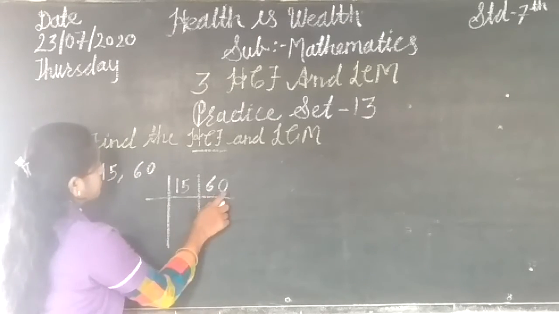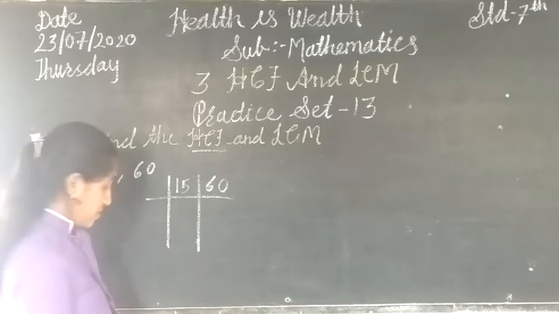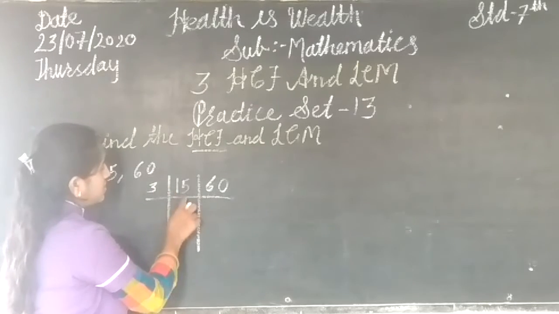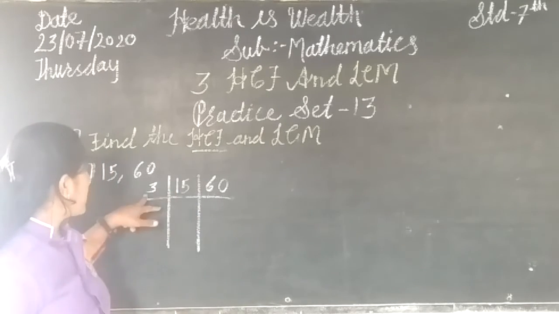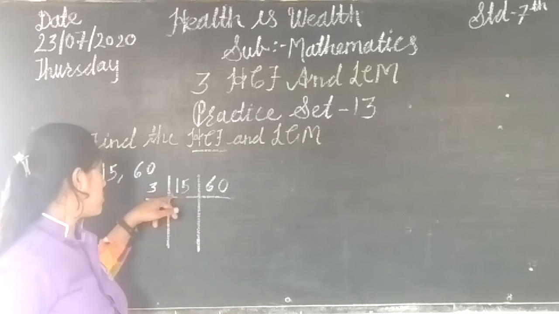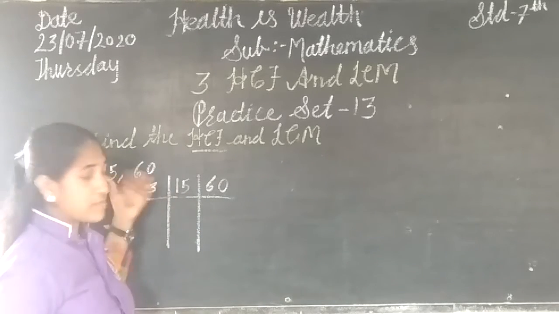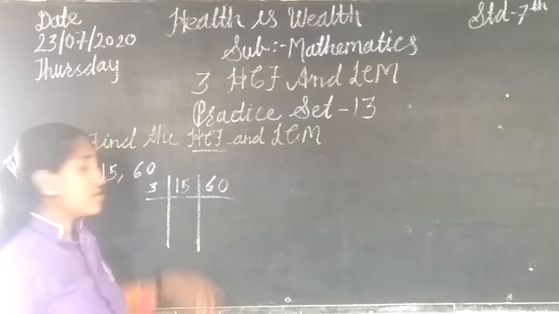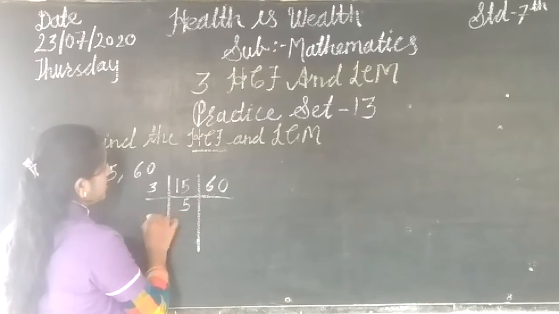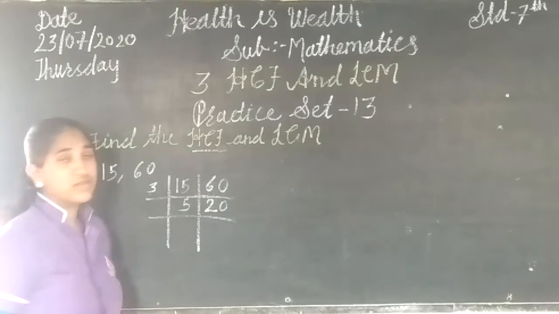By which number can we divide these numbers? We can divide these numbers by 3. See, there is a 3. If we take 2, it is not possible to divide the number 15. But if we divide these numbers by 3, then the division can be done. Now 3 5s are 15, 3 2s are 6, and 3 0s are 0.